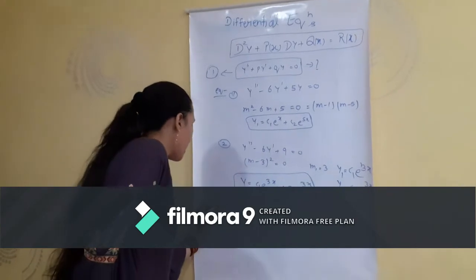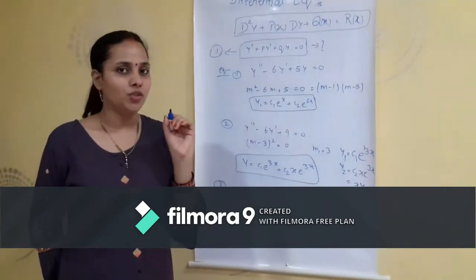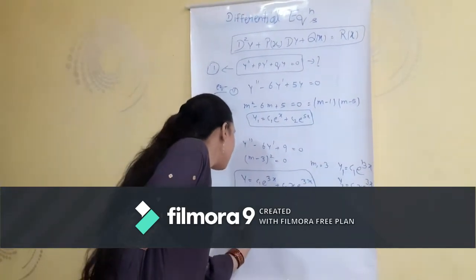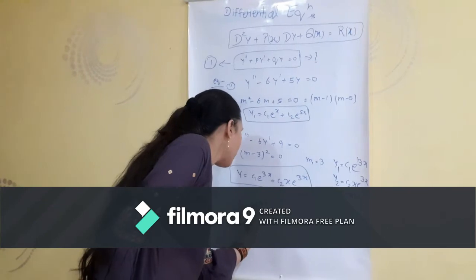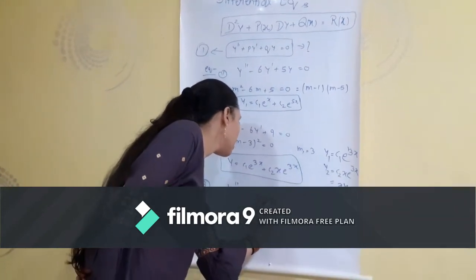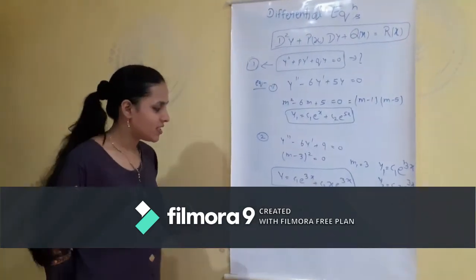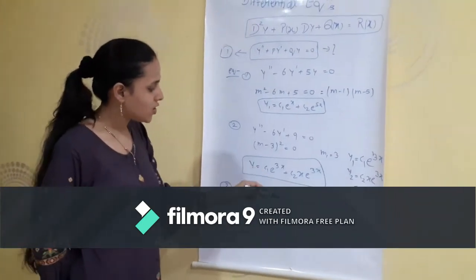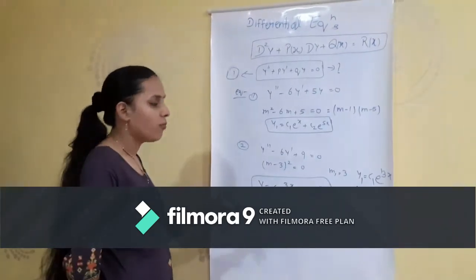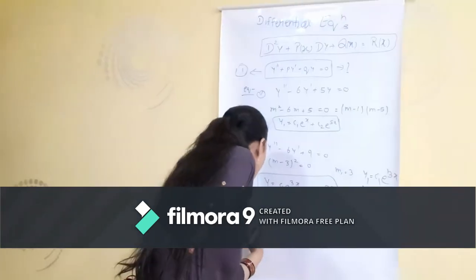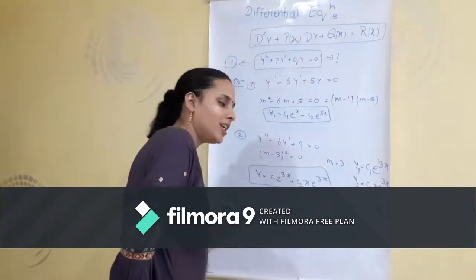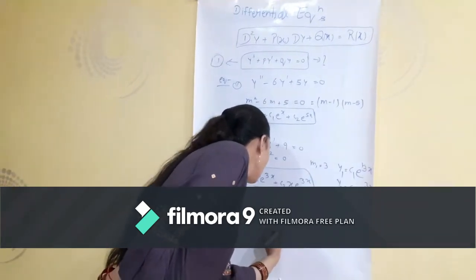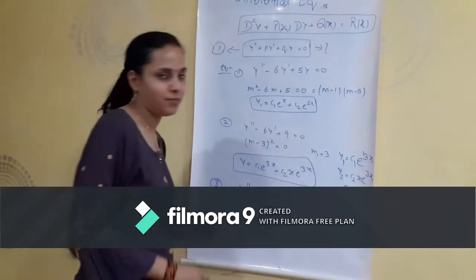Then third, I will give an example of complex conjugate roots. For that, suppose we have y double prime plus 4y prime plus 5y equals 0. Here we can directly calculate that p squared minus 4q is less than 0. That means complex roots appear here. Then the roots m1 and m2 will be minus 2 plus minus i.